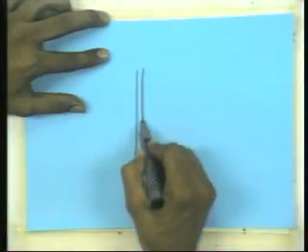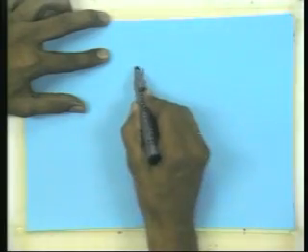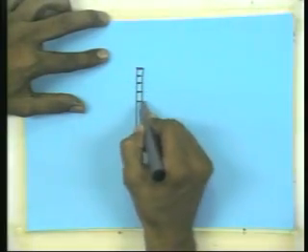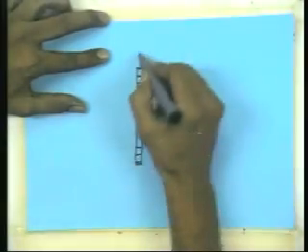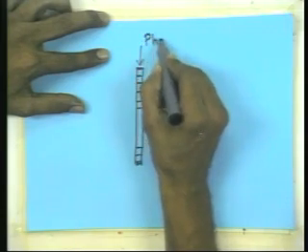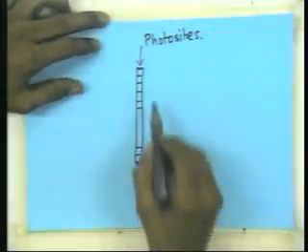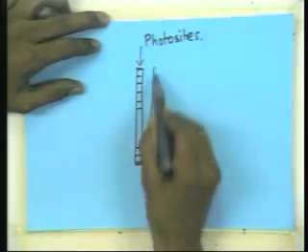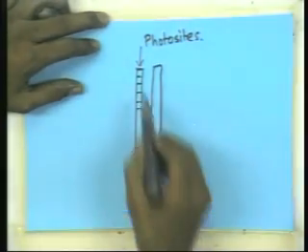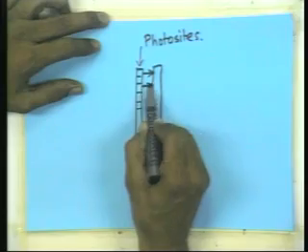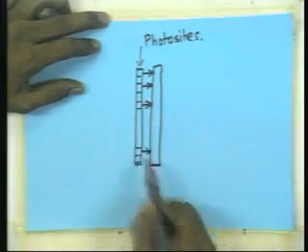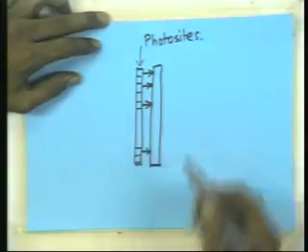You have photo sites, which for a line scan camera will be like this. These are photo sites, and then you have a gate structure which can be used to transfer the electrons from each of these photo sites by controlling the gate.